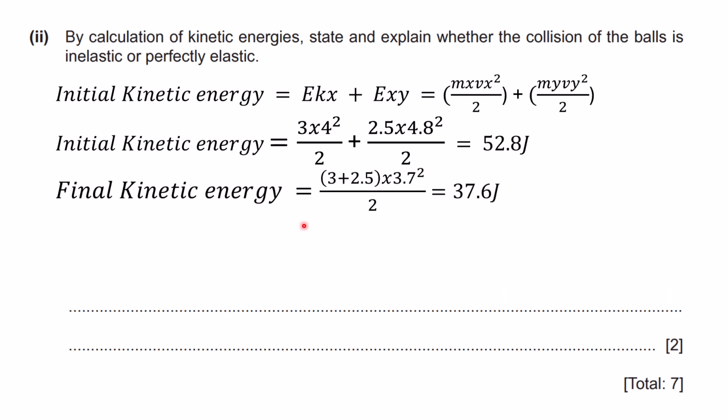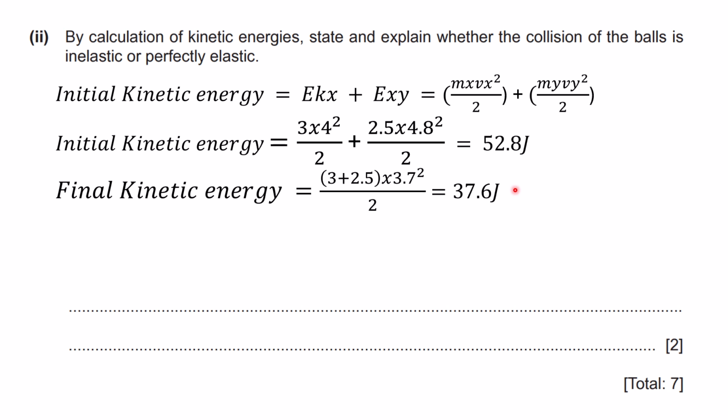So now let's take a look at what happened to the final kinetic energy. For the final kinetic energy, remember both masses are added together because they are going together, times the final velocity squared, which is 37.6. As you notice, the initial kinetic energy and the final kinetic energy are not the same.